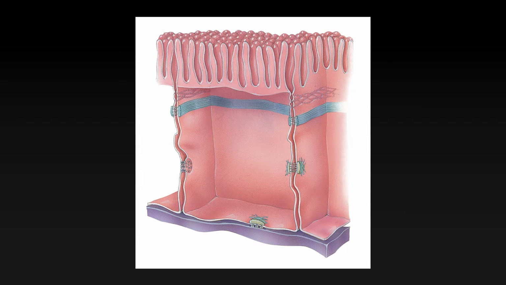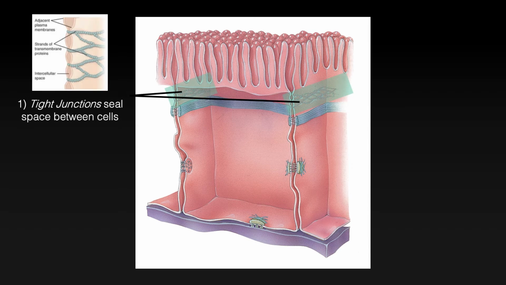There are many different types of junctions or points of connection between cells, and it's worth paying attention to 5 main types. I'm going to emphasize 2 of them because we'll talk about them repeatedly throughout the course. The first, you can see at the top here, this braided network of proteins creates a tight junction.